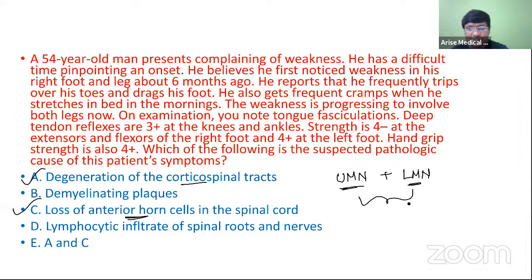And what is the diagnosis in this case? It is amyotrophic lateral sclerosis. So this is about the clinical scenario of motor neuron disease. Next, we will move on to the next clinical scenario.